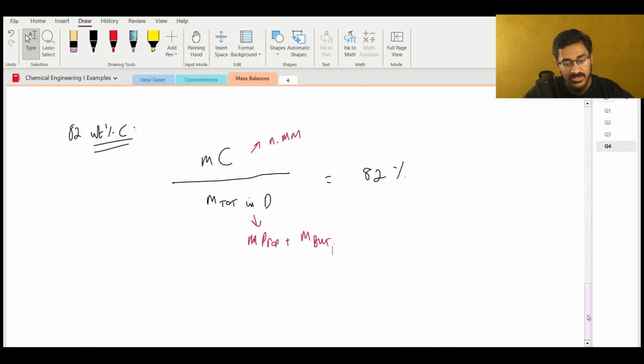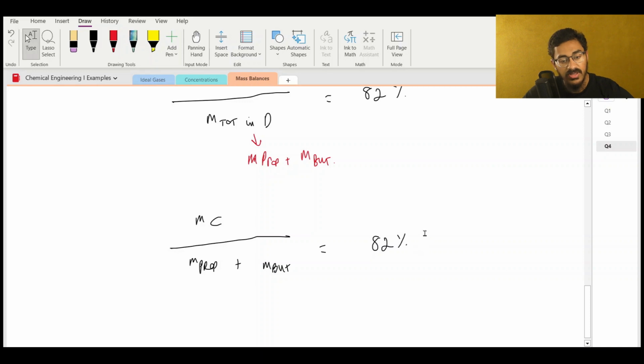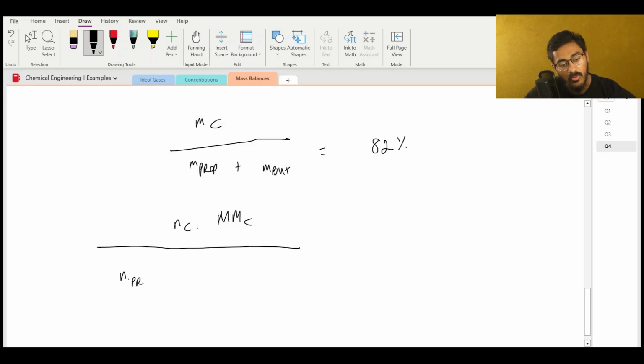Okay, so let's proceed. So I know that mass of carbon over the mass of propane plus the mass of butane is equal to 82%. You agree? I've fundamentally not made any changes to the equation. All right, let's continue. So mass of carbon is the same as number of moles of carbon multiplied by the molar mass of carbon, all over the number of moles of propane multiplied by the molar mass of propane.